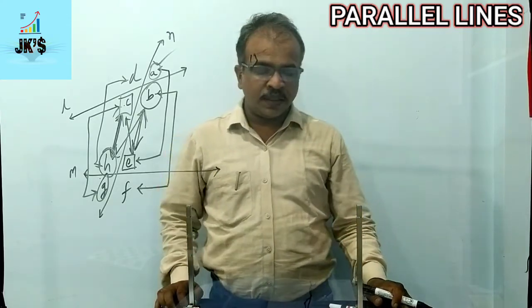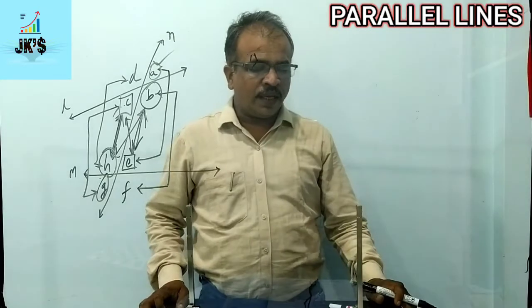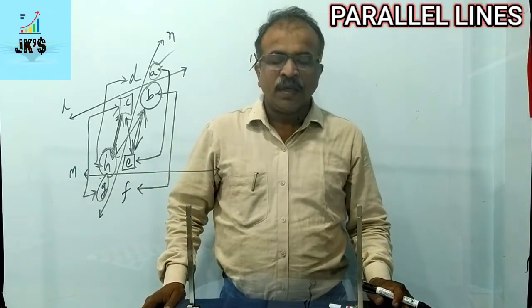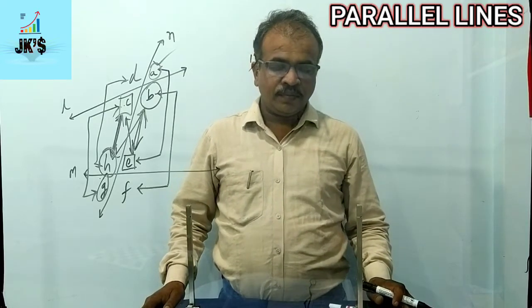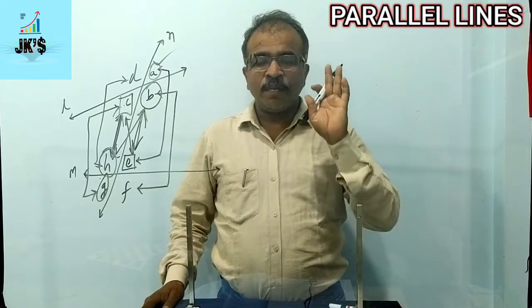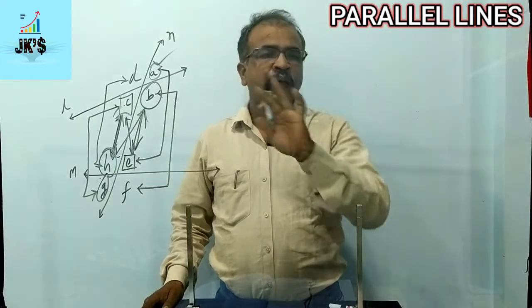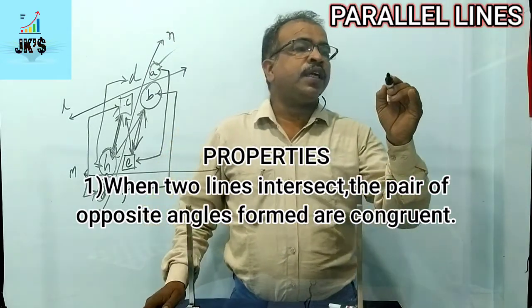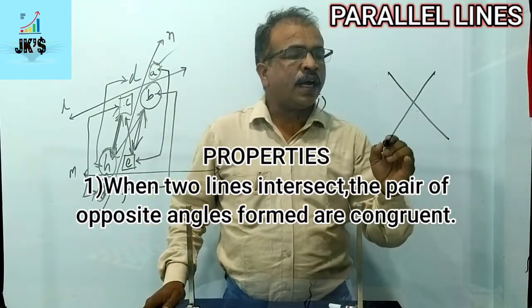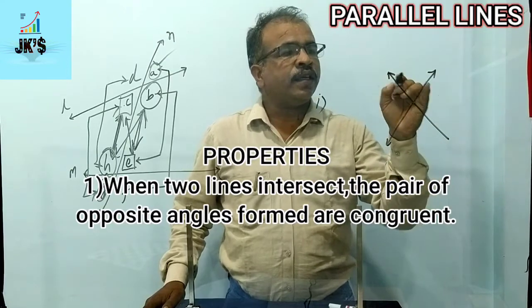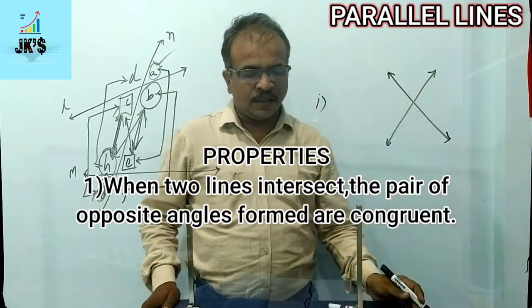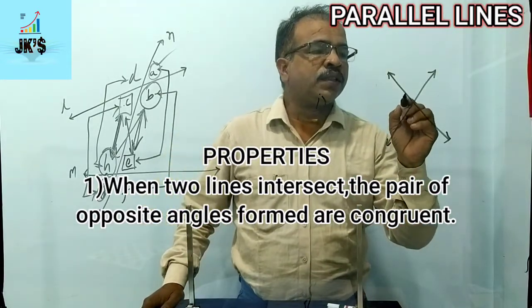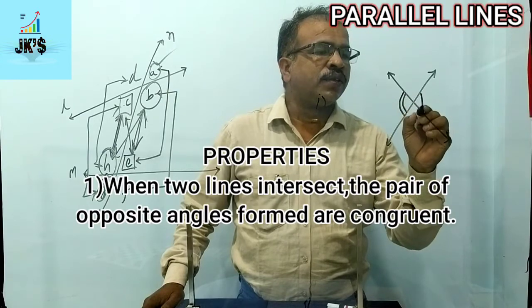The first property is that when two lines intersect each other at a point, the opposite angles formed are congruent. Opposite angles means this one angle and this one angle.